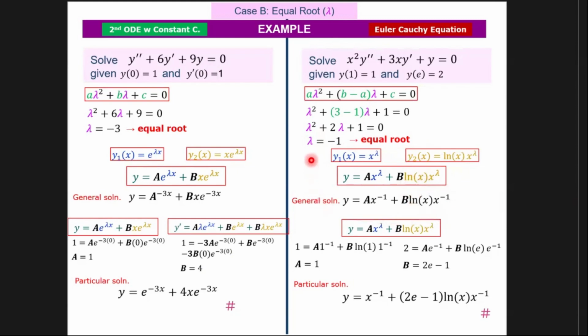So substitute the value of lambda into the general equation, you will get the general solution here. Given the initial value conditions here, substitute the value of x and y, you will get a and b. And again, substitute to the general solution here, you will get the final answer of the particular solution.